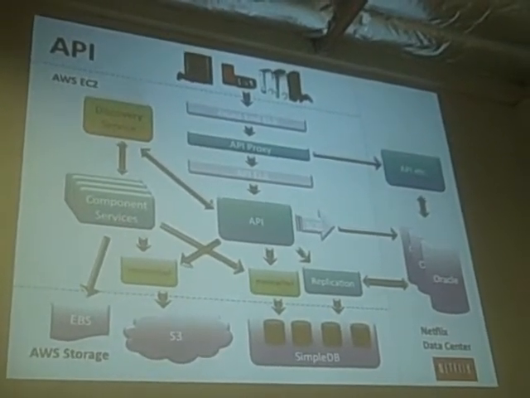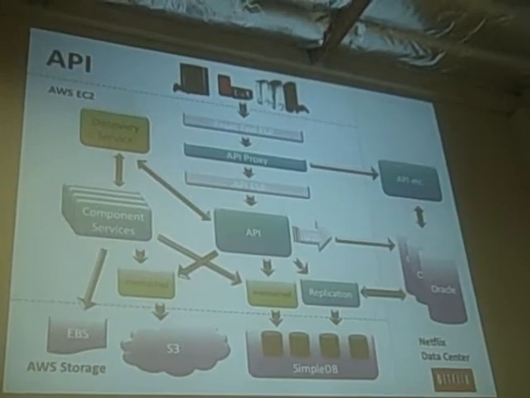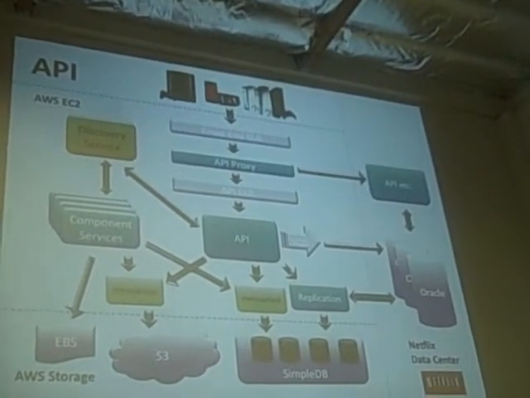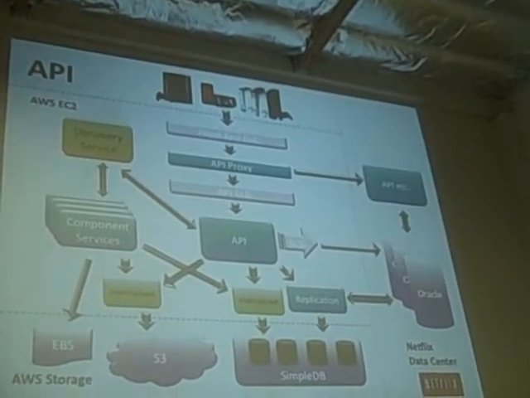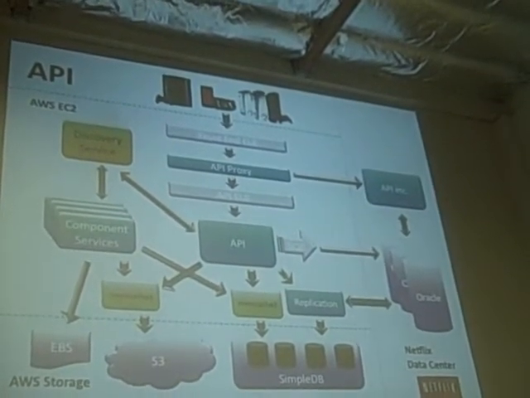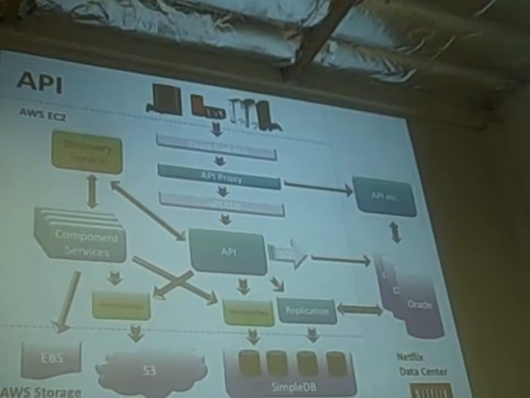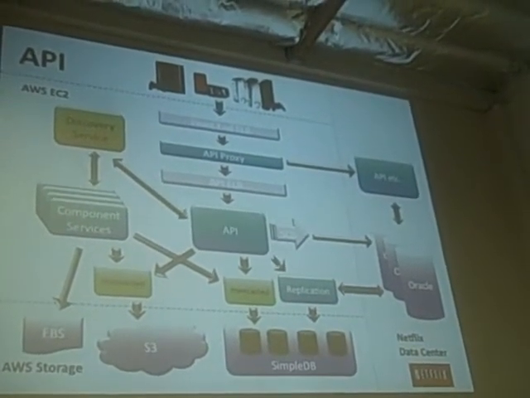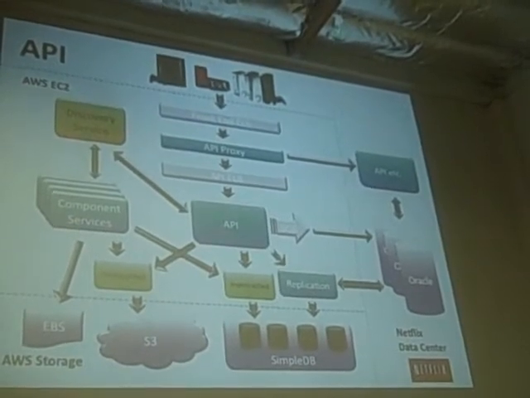And I'll talk a bit about how we do the step-by-step to get there. But for the API, it's talking to SimpleDB, it's talking to a whole set of other component services, and then we had to drop memcached in there to fix latency, to get lower latency on things, so I put it in another color. It's not really needed by the architecture, but we put it in there as an optimization.